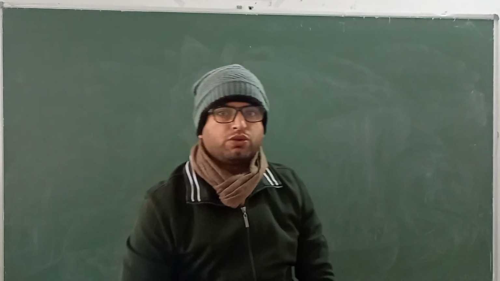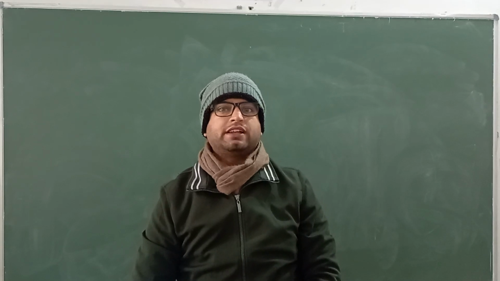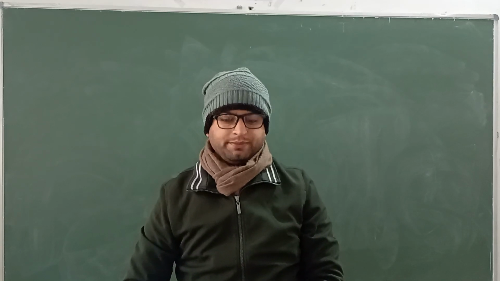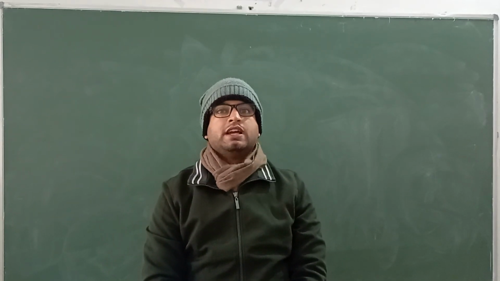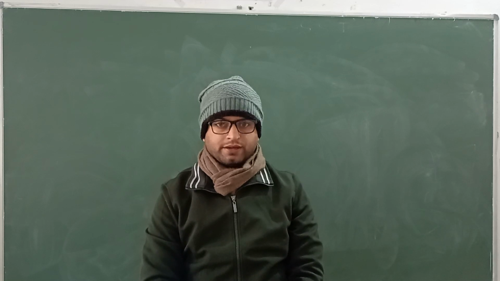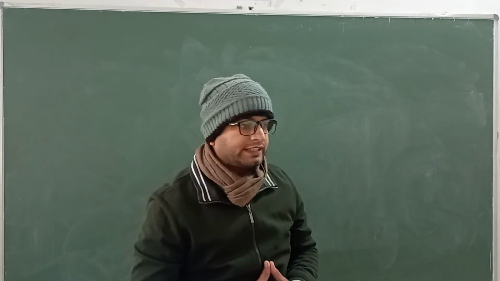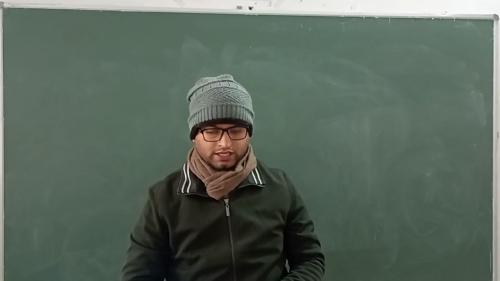So we are going to be studying the physical features of India. We must know that the latitudinal extent of India is 8 degree 4 minutes north in the southern part and 37 degree 6 minutes north on the northern side.